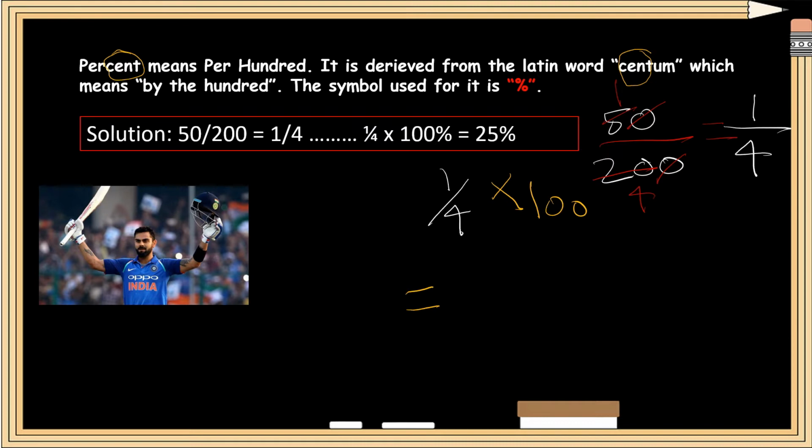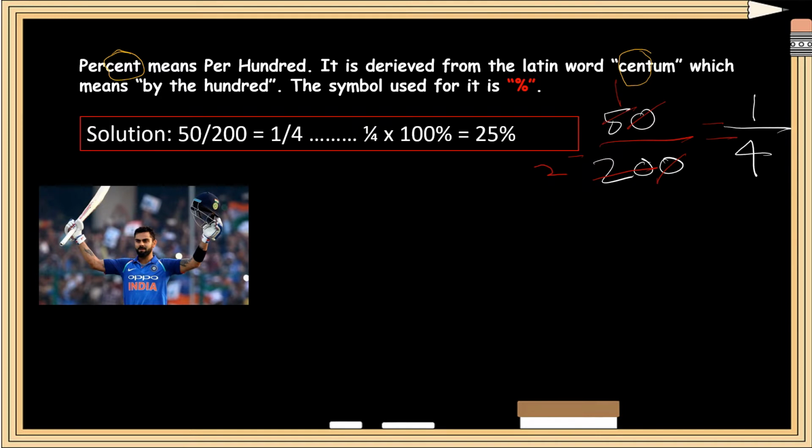Now we can again do the cut thing which we did over here. 4 ones are 4, 4 into 25 is 100, and 1 into 25 is 25 percent. And that's our answer for this question.